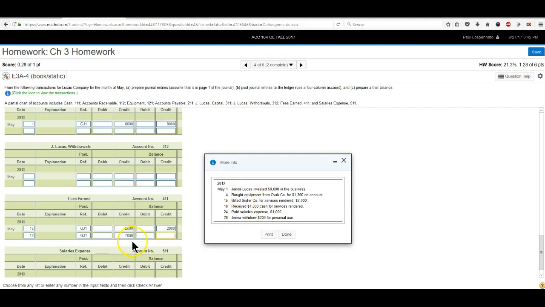A credit increases another credit that was already in the account, so you had a credit there of $2,000. Now another credit just popped in is going to take this balance up to $9,000.